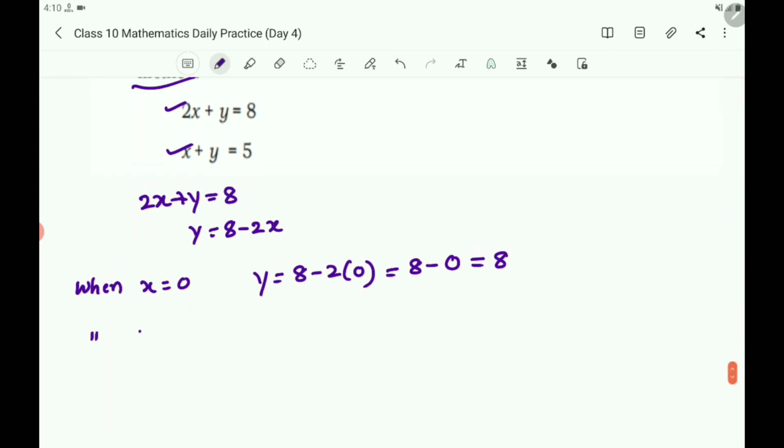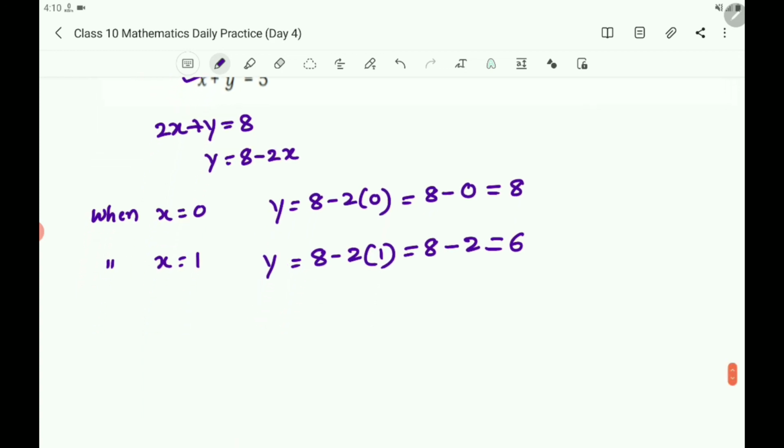Then when x equals 1, y equals 8 minus 2 into 1, then it becomes 8 minus 2, which is 6.